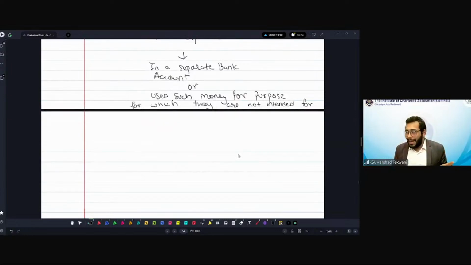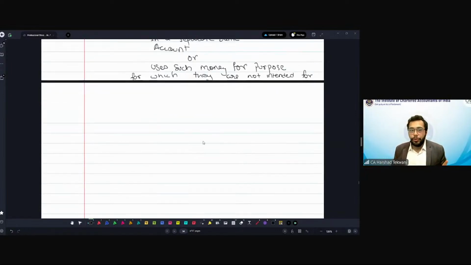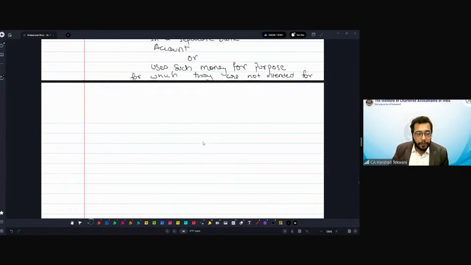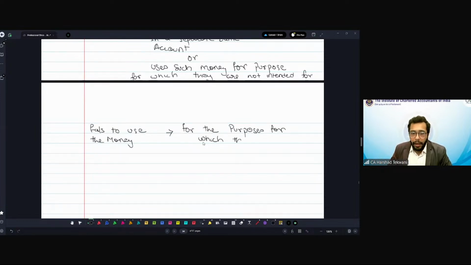Now, there is one more part, as I said, where he fails to use the money. Like, if I'm using it for a purpose which is not intended, but also if he fails to use the money for the purpose for which it is intended to be used.